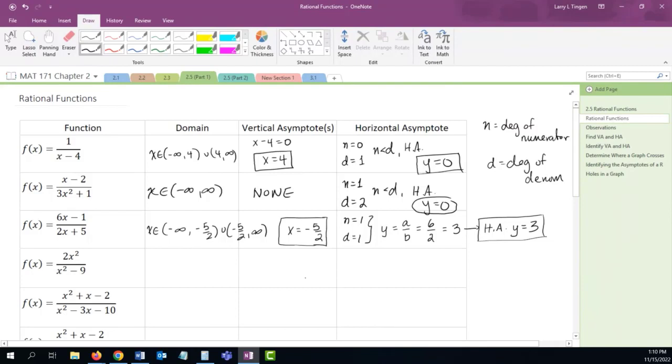All right, so we've seen 2 of the 3 cases now. If the denominator has a higher degree than the numerator, the horizontal asymptote is always y equals 0. This is the first one we've seen where the degree of the polynomial function in the numerator and the degree of the polynomial function in the denominator are the same.